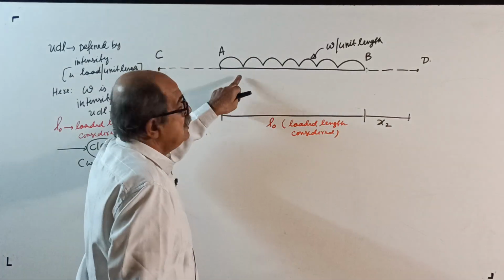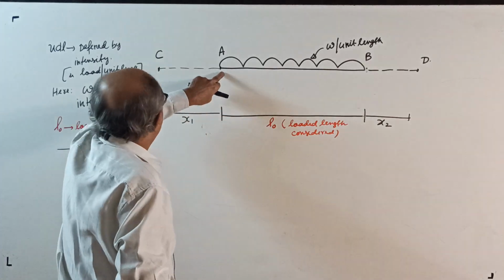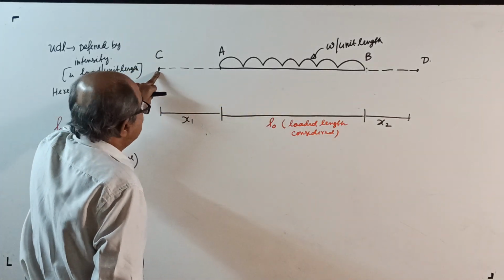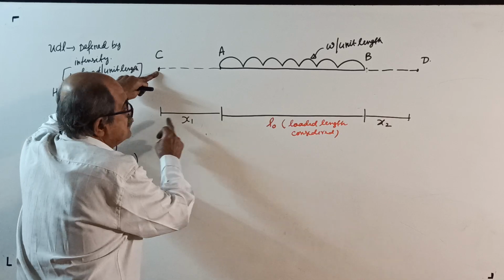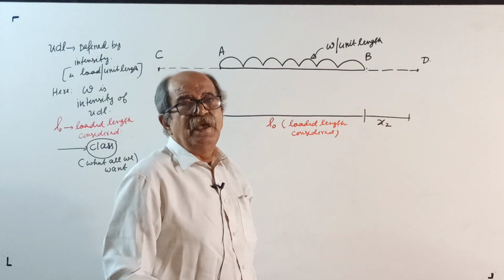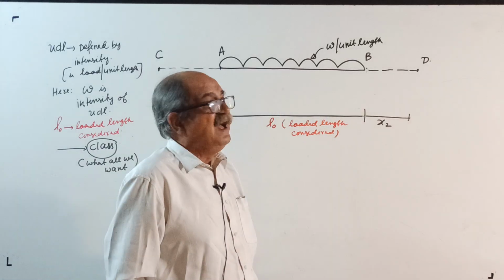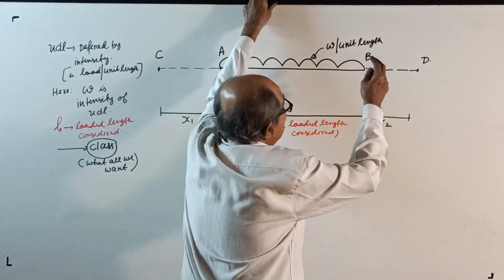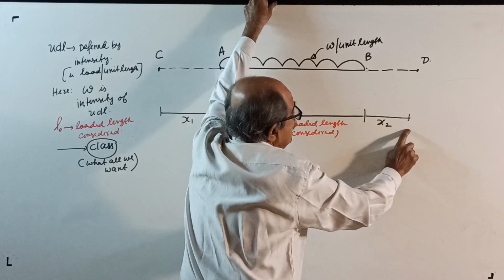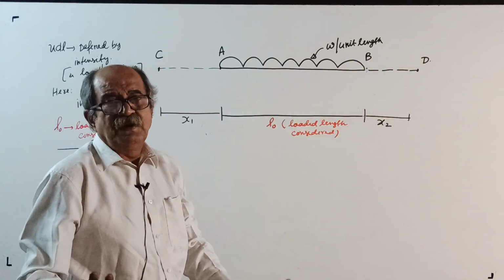Right here, right now for our discussion, we want to consider the entire UDL. So this entire length L0 becomes loaded length. Okay, now just consider a point to left of A, say C, at distance of x1. Don't learn A, B, C, D by heart. See, last time B was somewhere in between. And consider also another point to right of this B by x2. Okay, this much over.